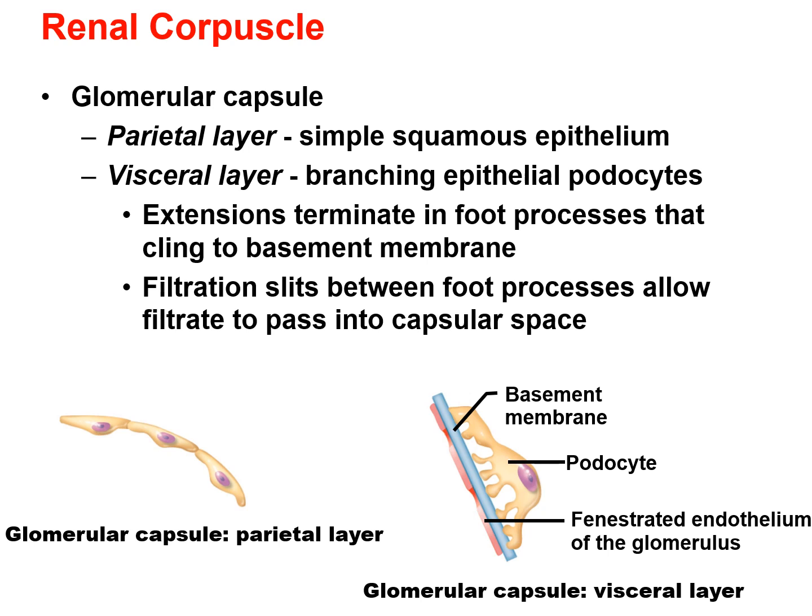And the filtration slit is going to be important because you have these podocytes closely associated with your glomerulus, and they have slits in the cell between those podocytes. These filtration slits will allow filtrate that is passing through the endothelium of your glomerulus to pass through the filtration slit and then enter into the space of the glomerular capsule.